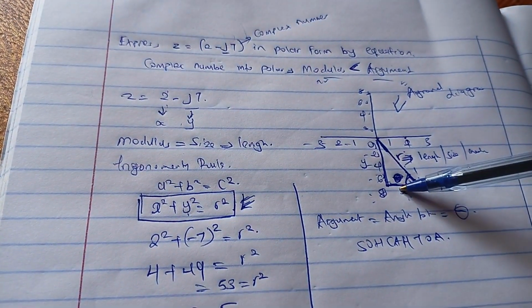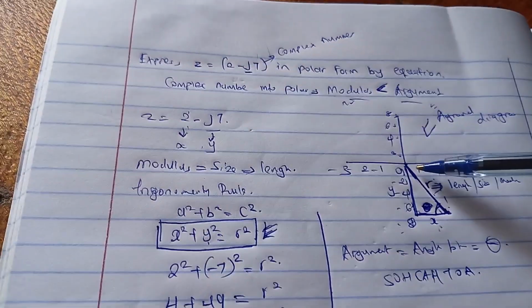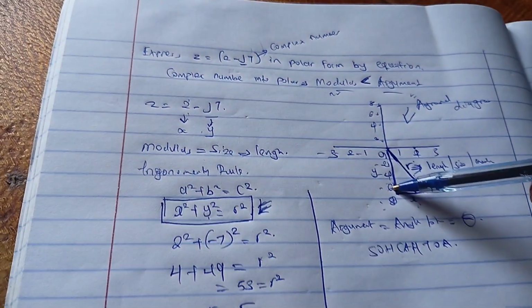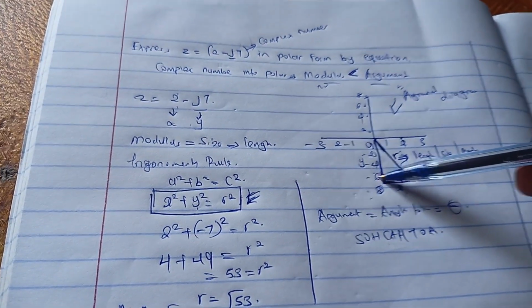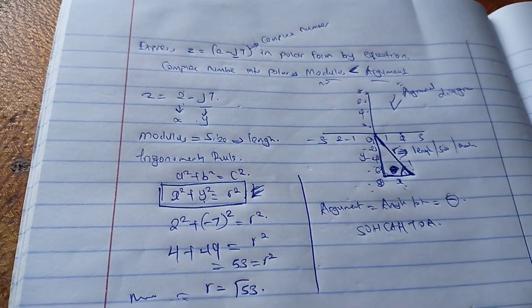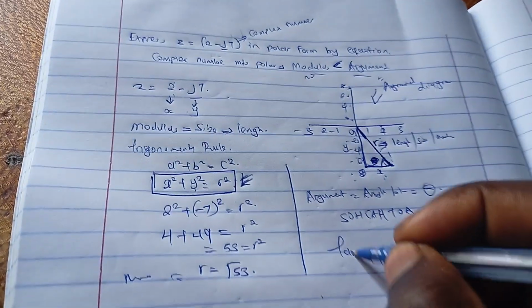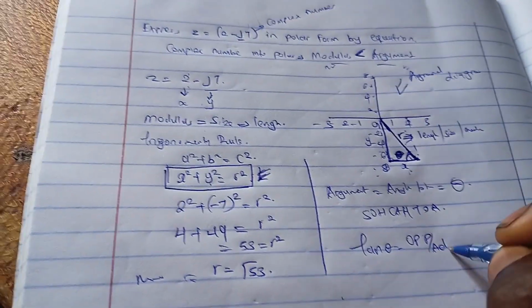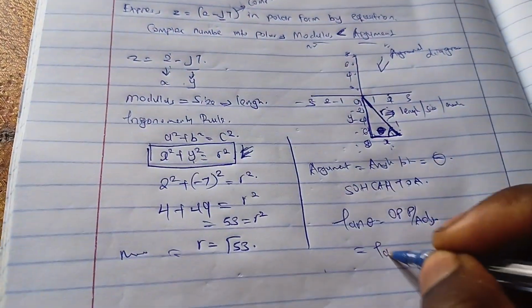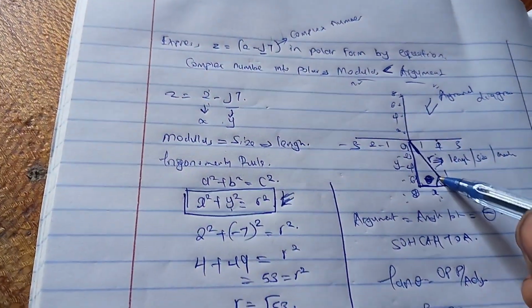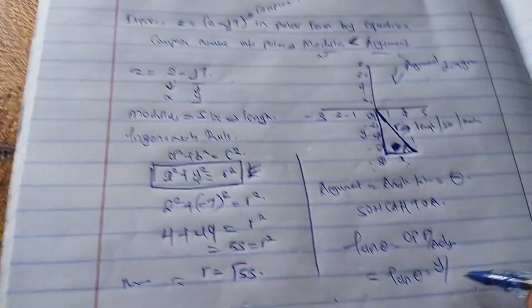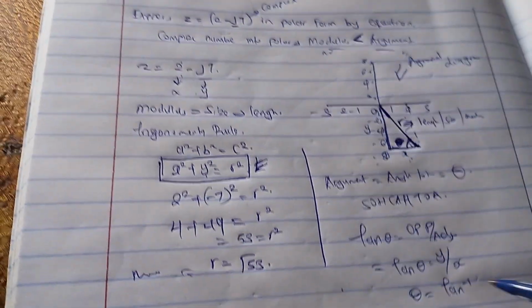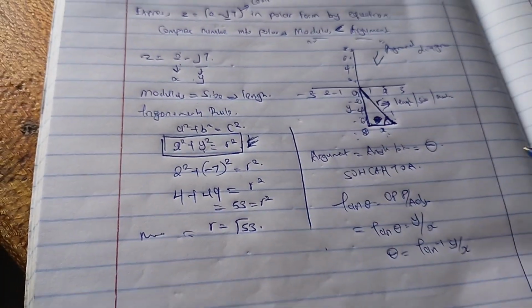When you look at the triangle, we have the hypotenuse, the adjacent and the opposite. Adjacent and opposite, that is tan, obviously. So tan theta is equal to opposite over adjacent, that is y over x. So theta is tan inverse of y over x.